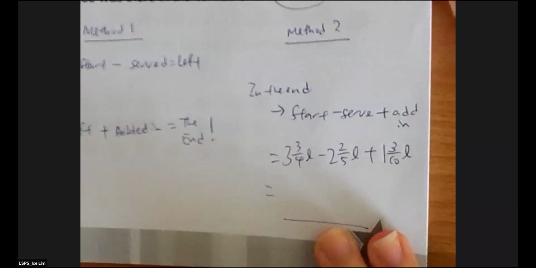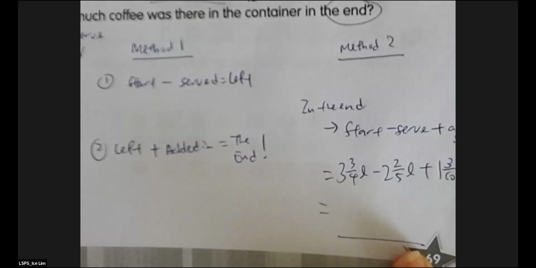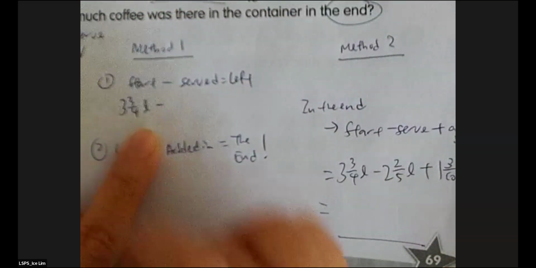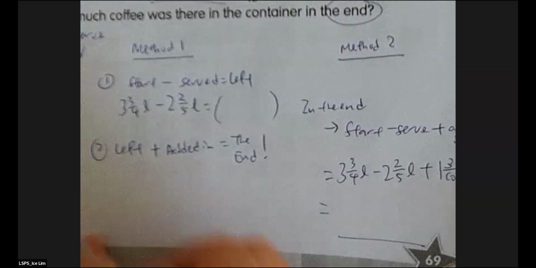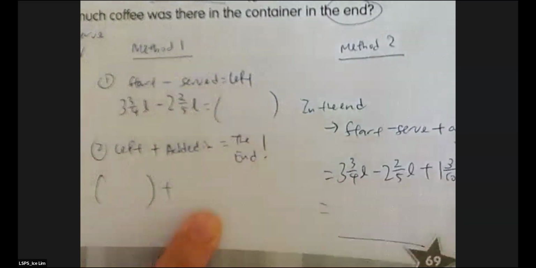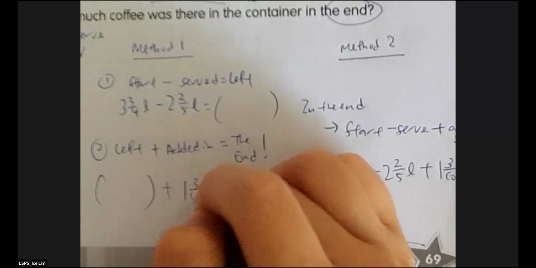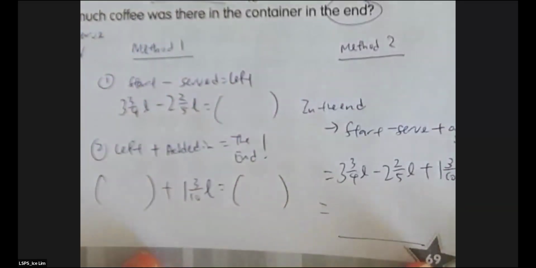But let's say I do method 1, I can do step by step first. 3 and 3/4 liters minus 2 and 2/5 liters. Then I use the calculator to count this. After that, use the left plus 1 and 3/10 liters to get another answer.